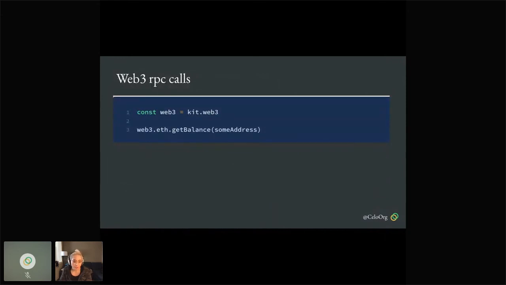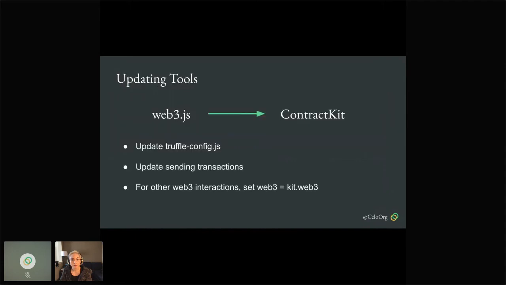You can just keep it like this, and your written code would work as expected. So this is a quick overview: update Truffle config, do the migration, update the way that you send transactions, and then you can also reset the variable so you don't have to manually change everything.